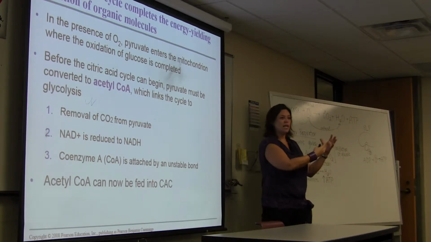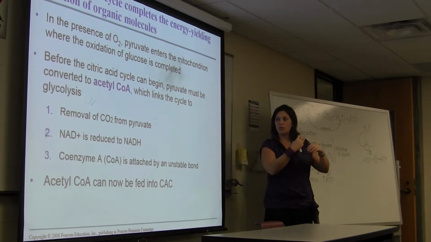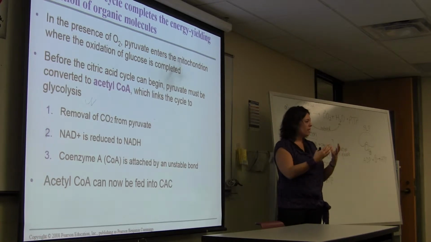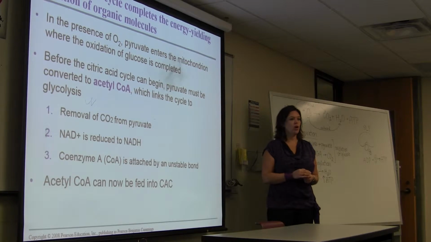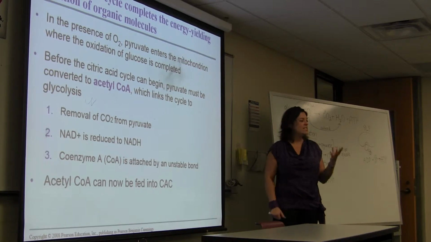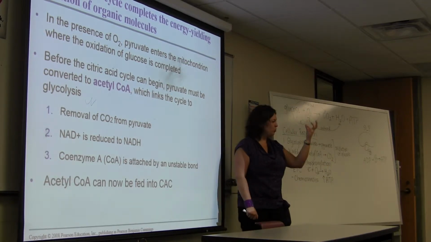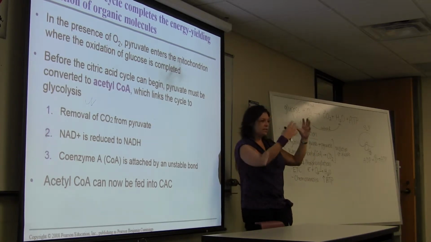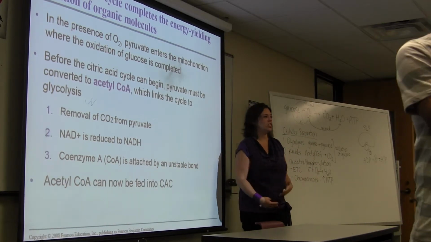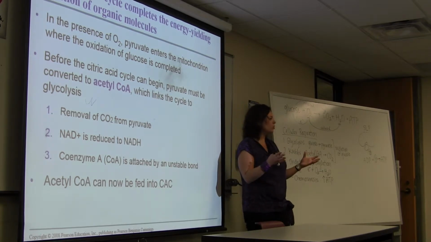And so before the Krebs cycle, we're going to convert that pyruvate, or those 2 pyruvates, into a molecule called acetyl-CoA. And acetyl-CoA is then capable of moving directly into the Krebs cycle and then completes the oxidation of what was once glucose.